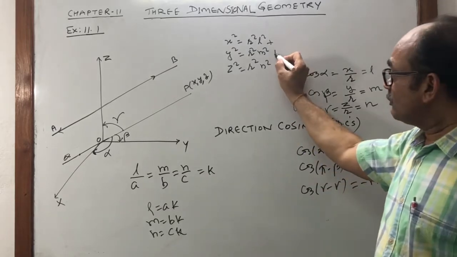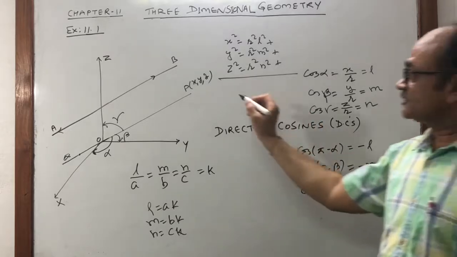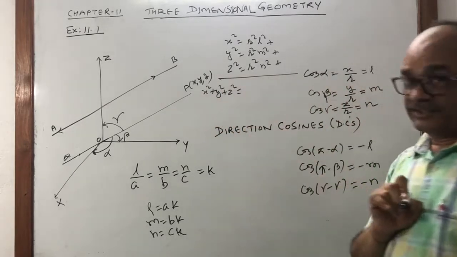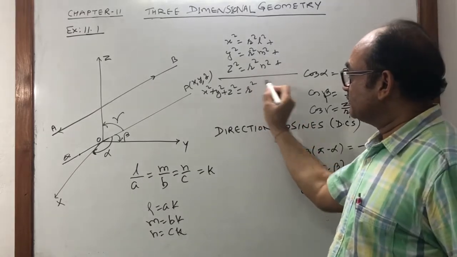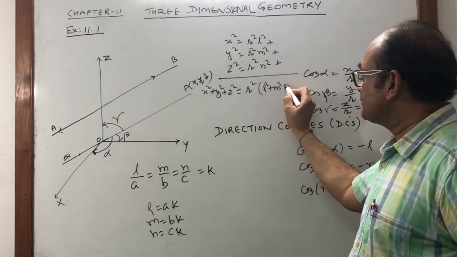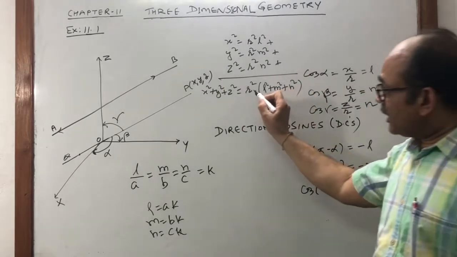If we add all these three column wise, what we are getting? X square plus y square plus z square equals R square is common. Inside the bracket what we get? L square plus M square plus N square. Correct?